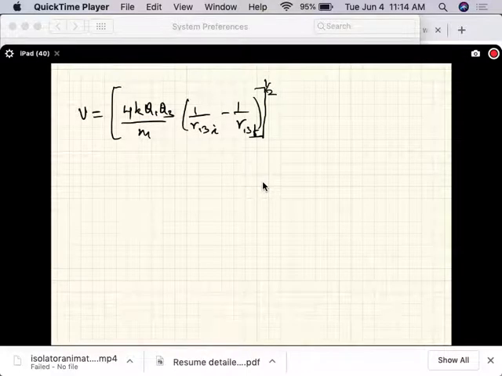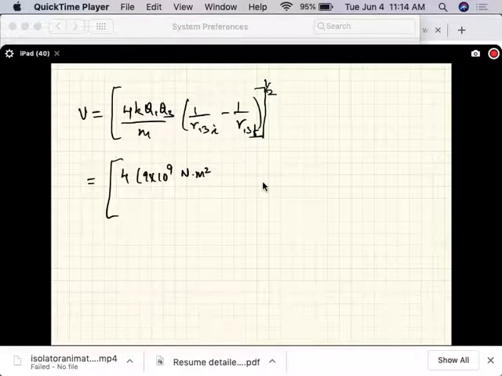So this is 4. The Coulomb's constant is 9 times 10 to the 9 Newton meter square by Coulomb square.